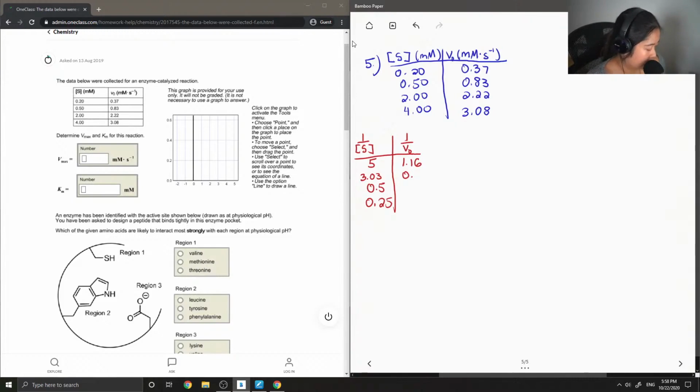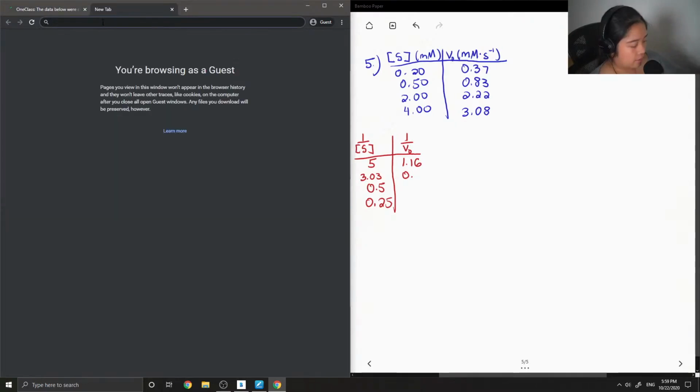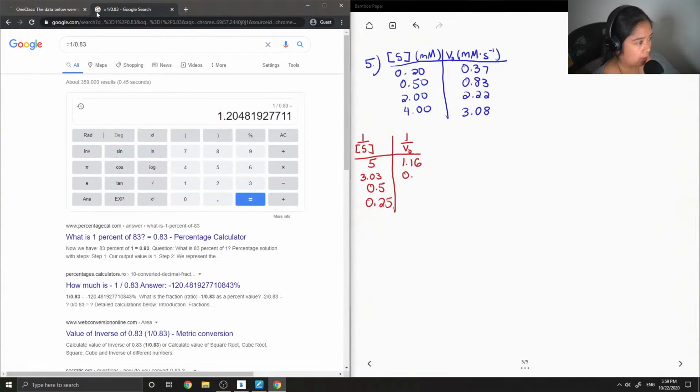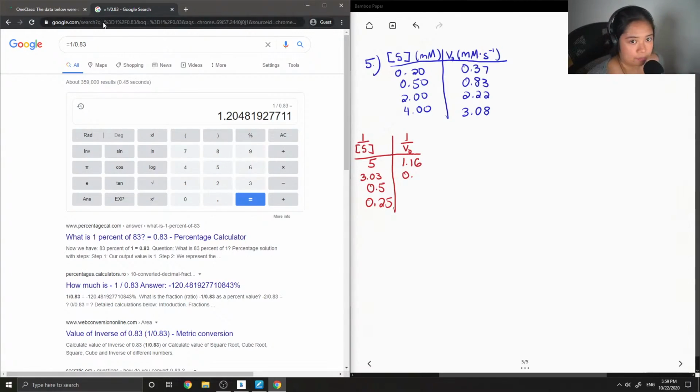And then let me just see if I wrote this down right. Is 1 over 0.8? Yeah, so 1.2.